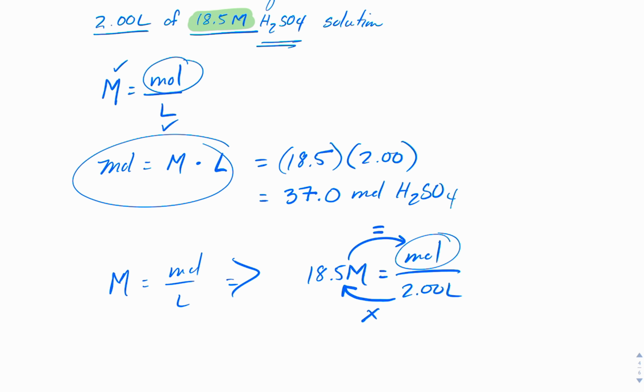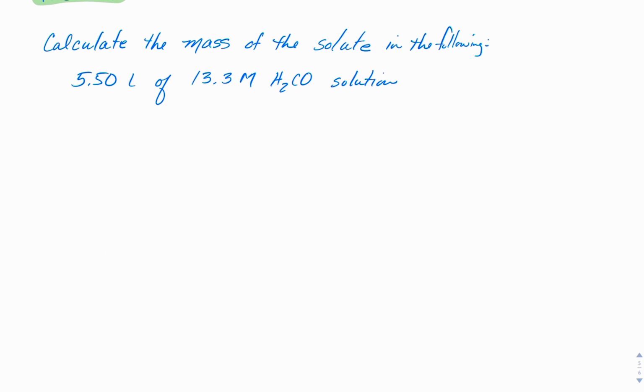Okay, so let's try one more just like that, and then we'll be done with this particular lesson. In the last problem, it says calculate the mass of the solute. So this time, instead of calculating molarity or moles, we're going to go a little bit further on in our steps to calculating the mass of the solute.